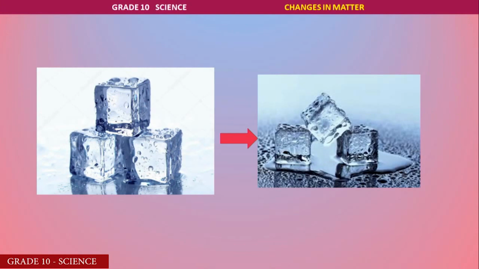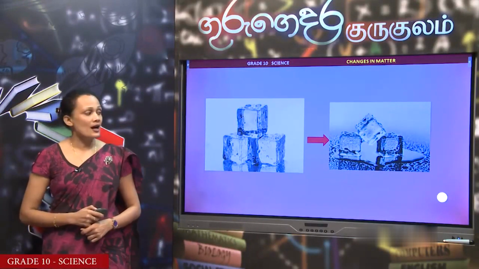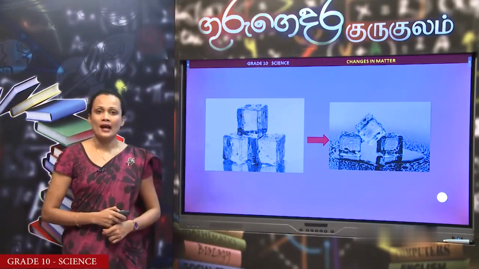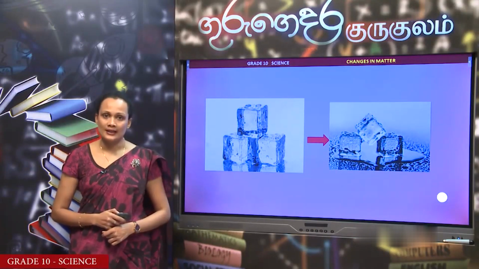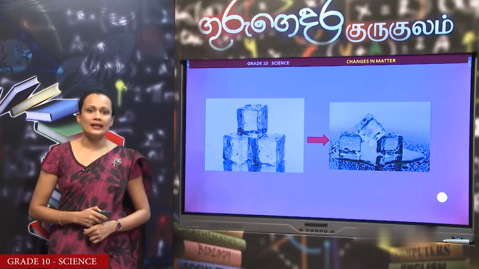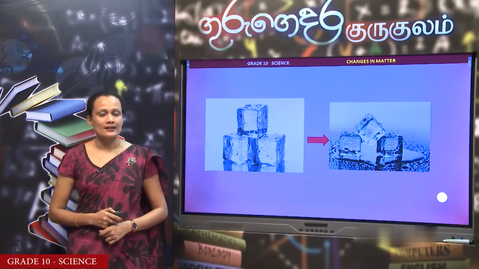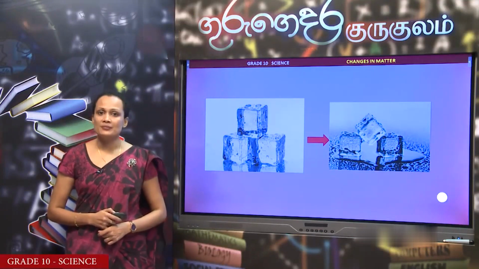That means here the ice cube is in solid state. After some time, what happened to it? It turned into liquid state. That means when ice cubes melt, the solid state turns into liquid state. The change that occurred there is a physical change.